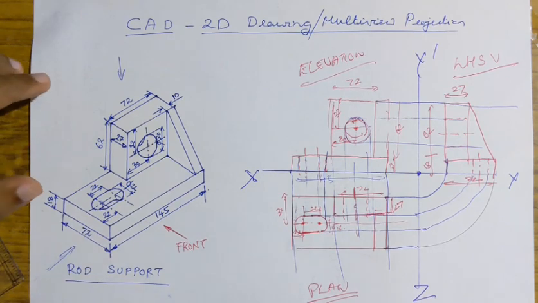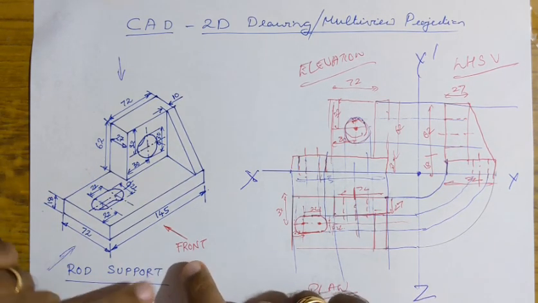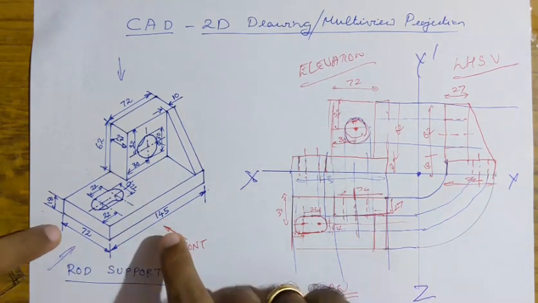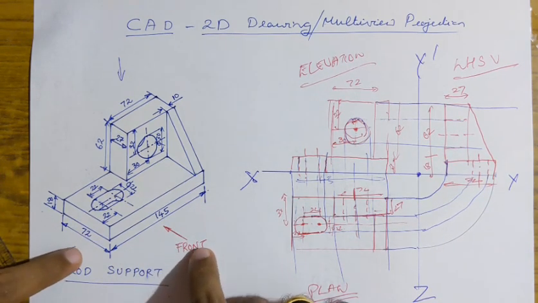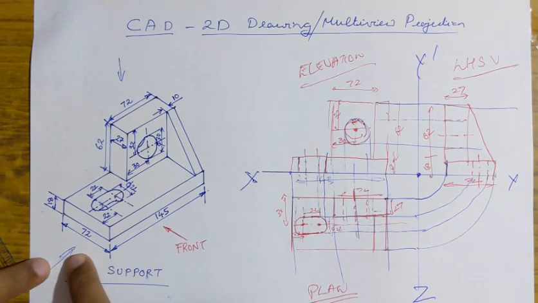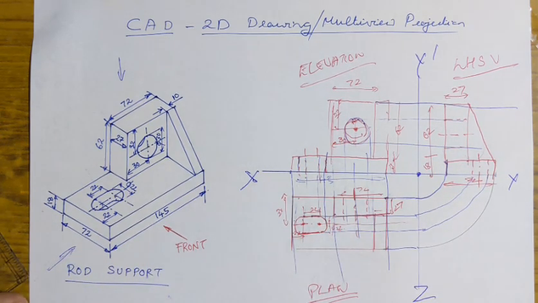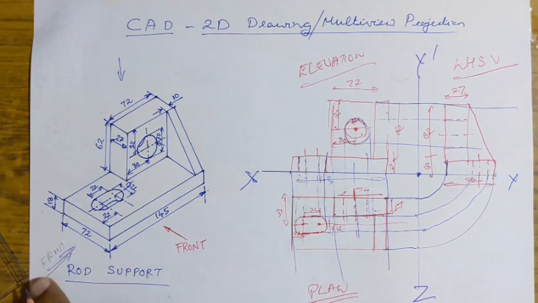Another important thing which we have to keep in mind is, suppose the front is defined, just look for the direction of the arrow mark. Where is the arrow mark shown, whether it is on this side or on this side? Okay, if the arrow mark is on this side, then this will be your front.